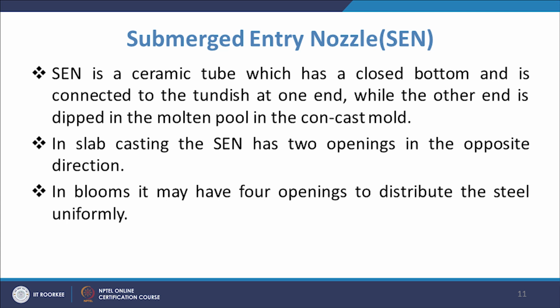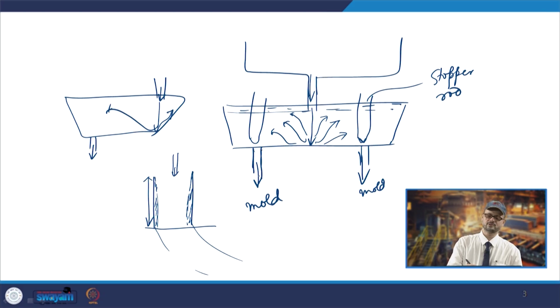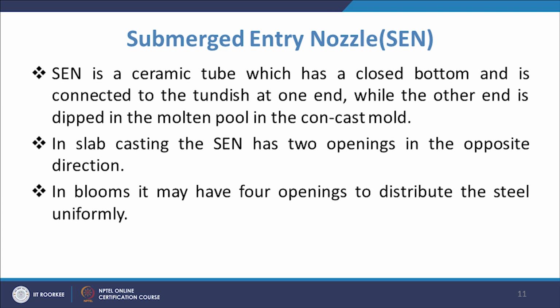So if you talk about this tundish, from here this will go, and this will be the submerged entry nozzle, and then it will go into the mold, and here it is closed and you have openings on these sides. So this is your submerged entry nozzle. In slab casting, this SEN has two openings in opposite directions, and in blooms it may have 4 openings to distribute the steel uniformly.